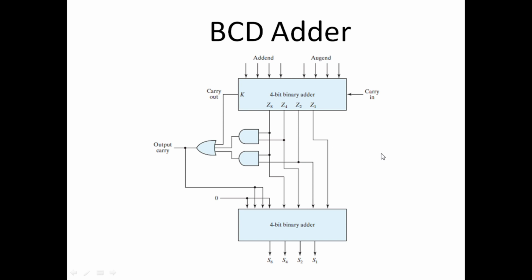So this is a BCD adder, where we are reusing two 4-bit binary adders: one is used here, the other is used here, and we need 3 logic gates to make the correction. So we have implemented this BCD adder with 2 MSI chips, one here and the other here, plus a small scale integrated circuit.